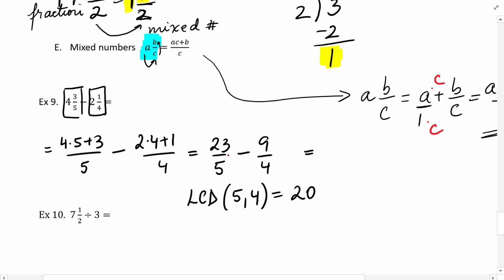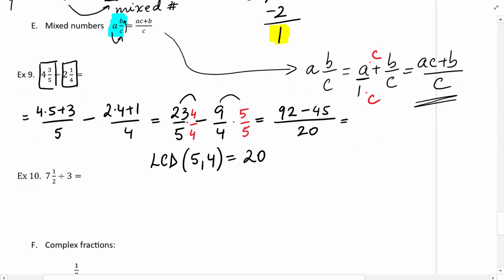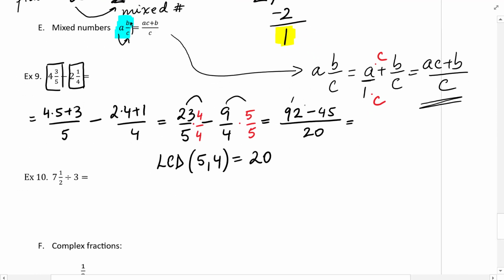So how do I get to 20 from here? We multiply by 4 over 4. How do I get to 20 from here? We multiply by 5 over 5. So 23 times 4, that's 92. Minus 9 times 5, 45, over the common denominator 20. So 92 minus 45, that is 47 over 20.